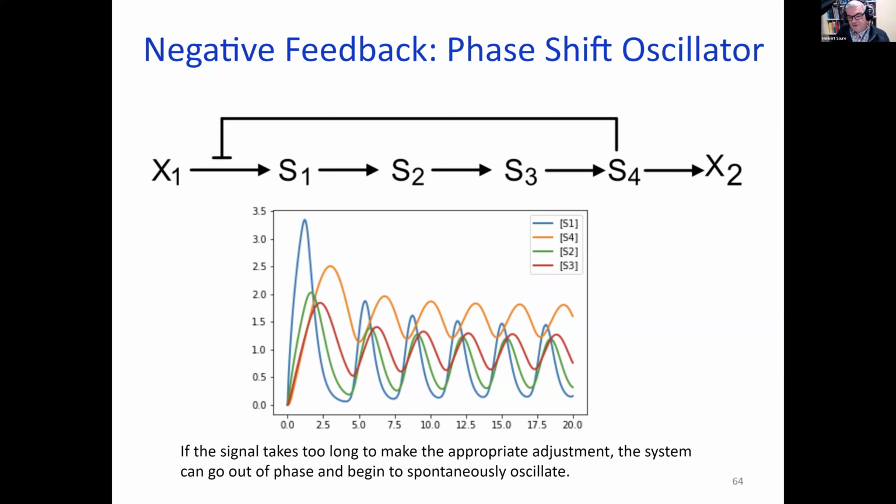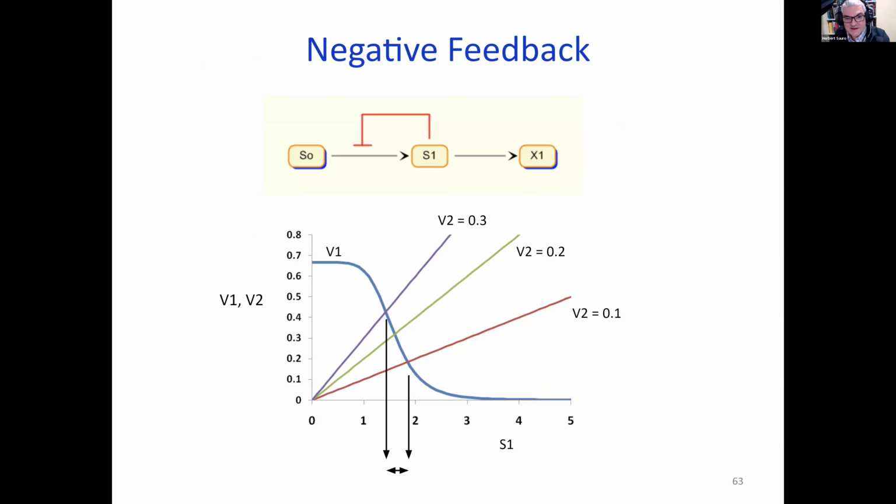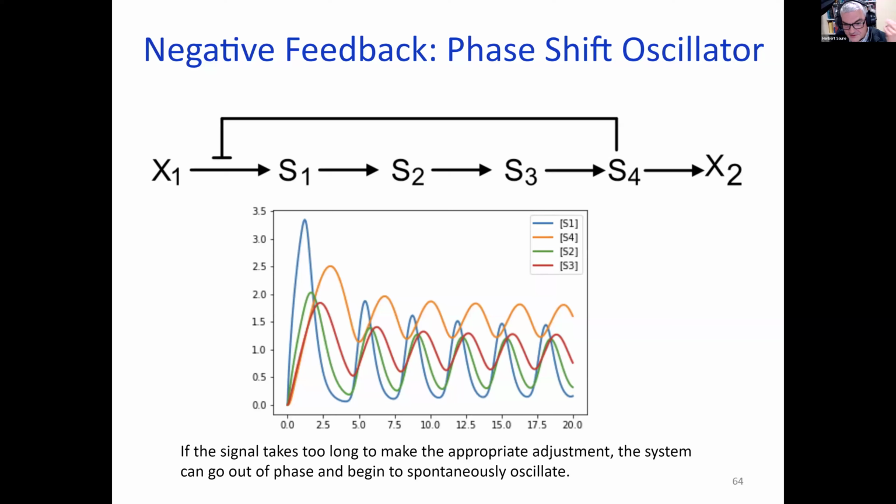Too much of it will give you oscillations, which sometimes can be a bad thing, sometimes a good thing. All right, but if you have too little oscillation, you get homeostasis, which is nice. But if you want stronger homeostasis, you have to strengthen negative feedback, but then you might end up oscillating. So there's this fine line between getting homeostasis and ending up with oscillations, right?